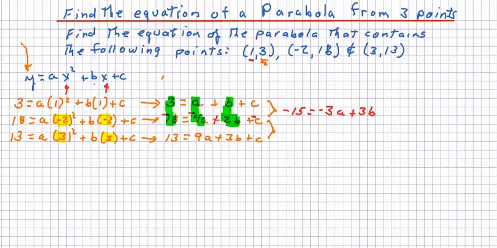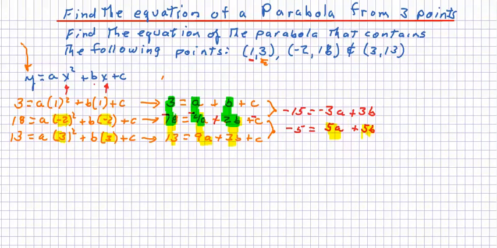Now, negative 18 and 13 is negative 5. 9 and negative 4 is 5a. 3b and 2b is 5b. And the c's cancel. So when I did this, that gave me negative 5. This gave me my 5a. This gave me my 5b.